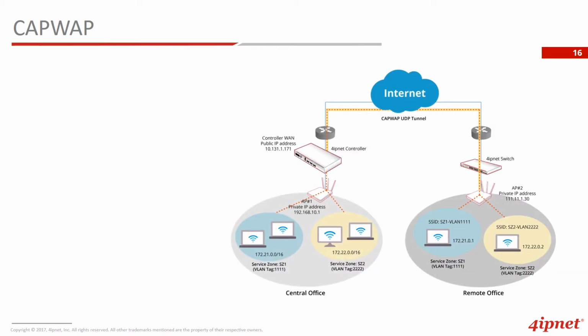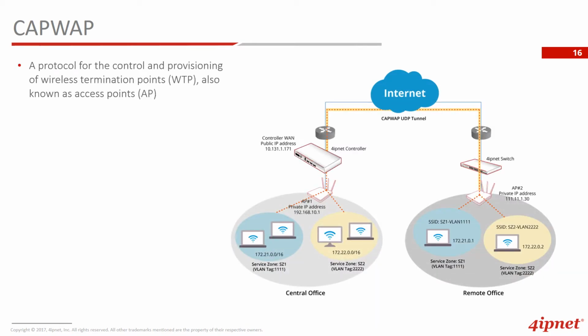Let's move on to CAPWAP Tunnel, one of the most important features supported in WAPM. CAPWAP is a protocol for the control and provisioning of wireless termination points, also known as access points. When you're enabling CAPWAP, please make sure that both the WHG controller at the central site and the APs at remote locations are using UDP ports 5246 and 5247 to communicate with each other.